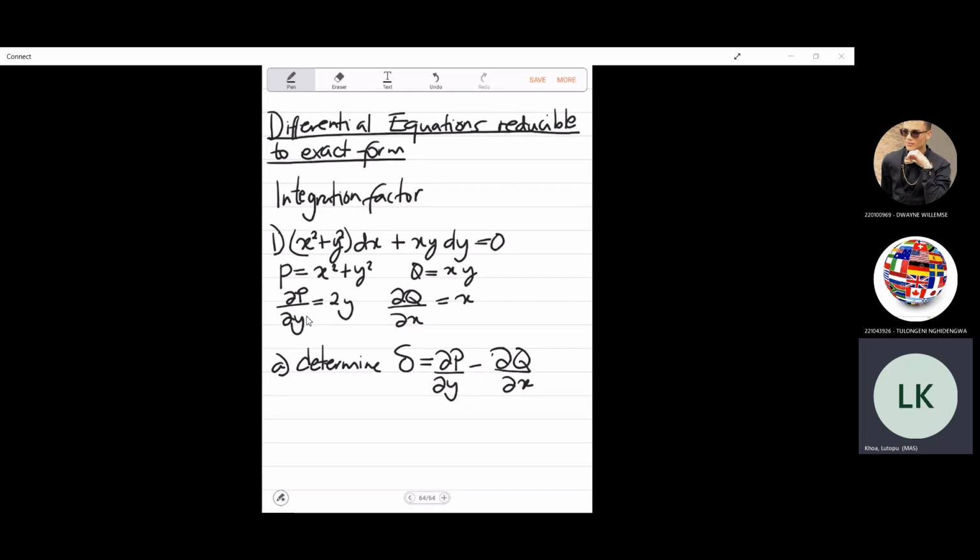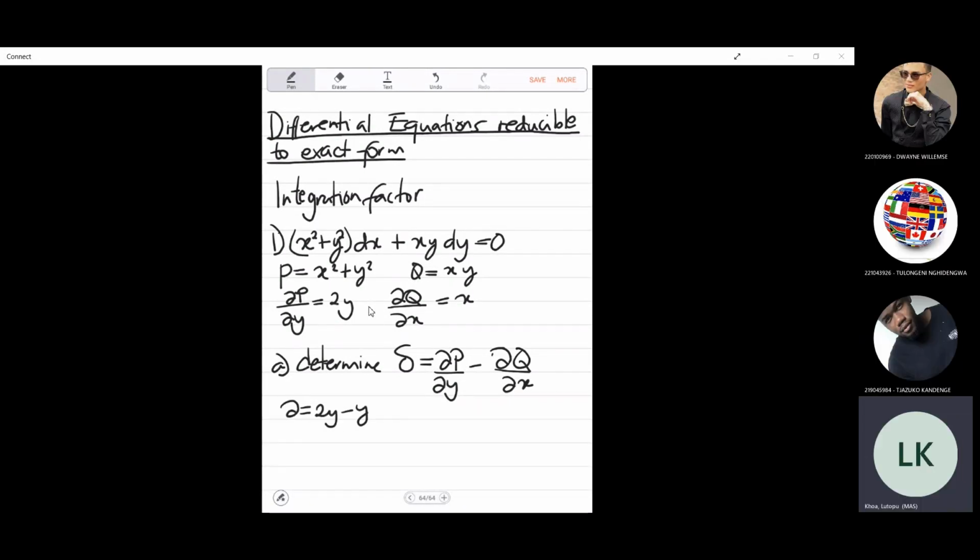We've already worked out dP/dy and dQ/dx, so in our case delta is going to be 2y minus y, and delta is equal to y.